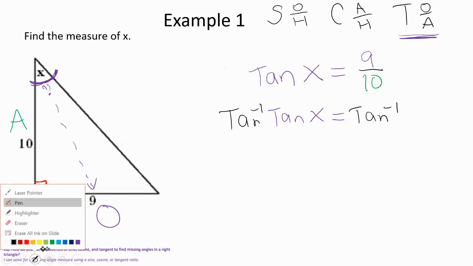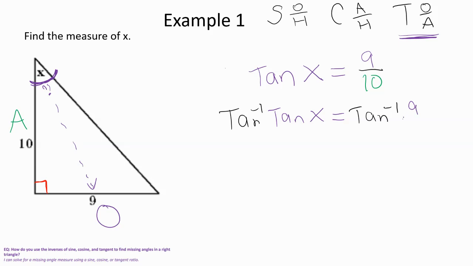So we basically just did the inverse to each side, 9 over 10. Okay, and I'm going to go ahead and put this in parentheses. And the whole point of that, why do we have to do this? Because we know that the inverse and the tangent cancel each other out, just like adding and subtracting are opposites. It's kind of like the inverse operations. All right, so that's how we find our x.